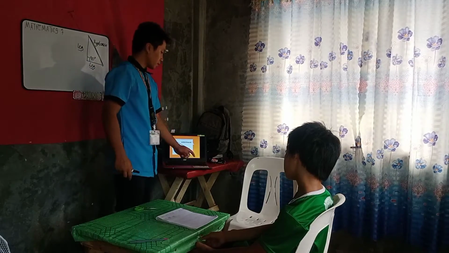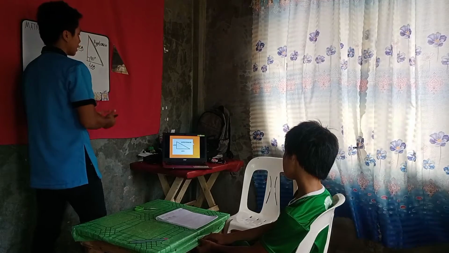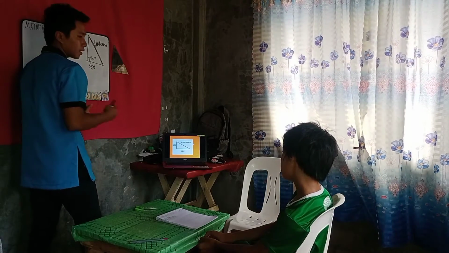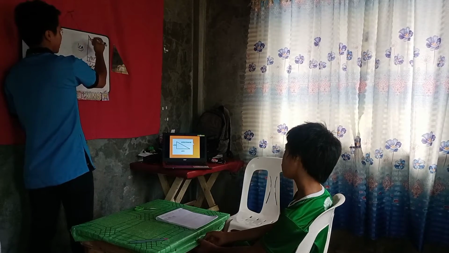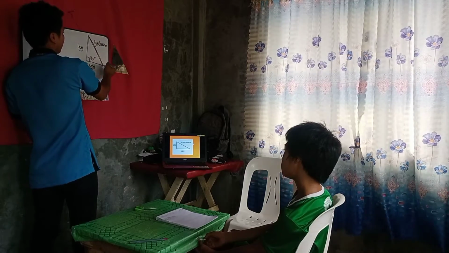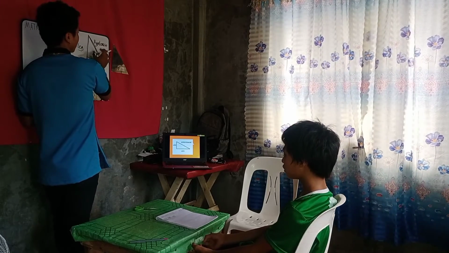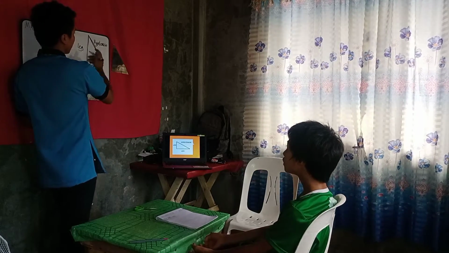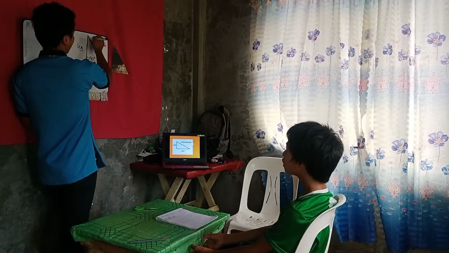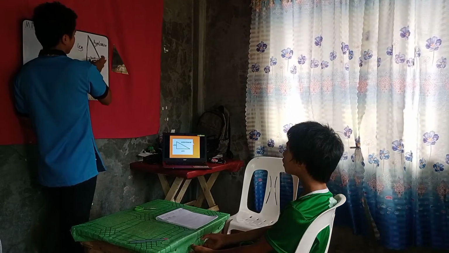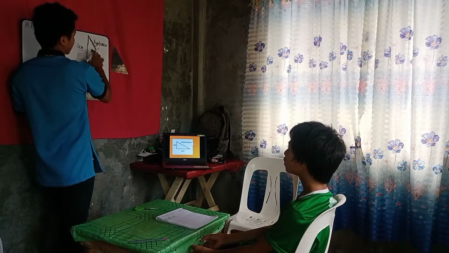So, what are we going to discuss here? What if the condition is on the sides of our triangle? Last time we discussed the interior angles of our triangle. This time we are going to find out the relationship of the sides if we are going to find the measure of its sides.